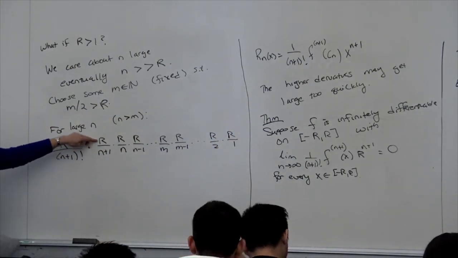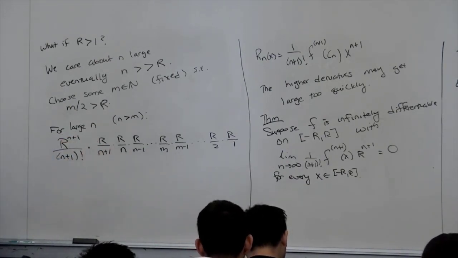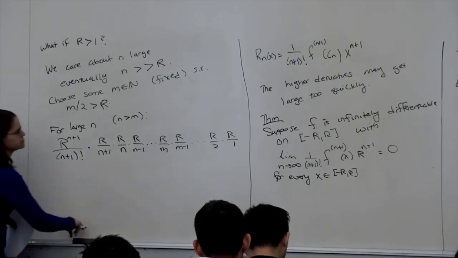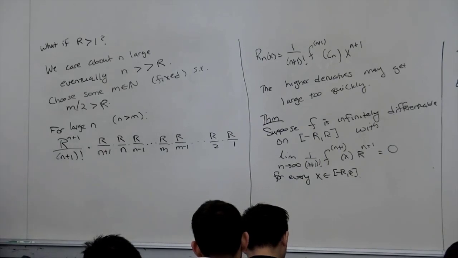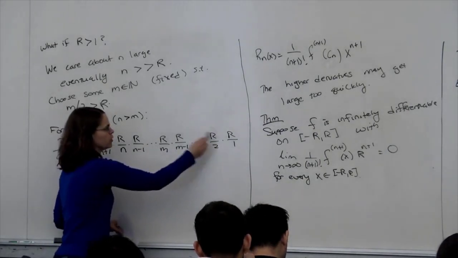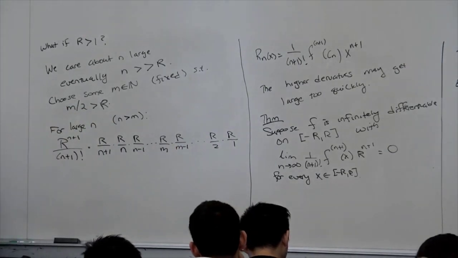There will be exactly one r for every one of these terms in the denominator. Okay, so this down here is some fixed quantity. It just is what it is. m is a fixed number, r is a fixed number, so that's just some fixed quantity.